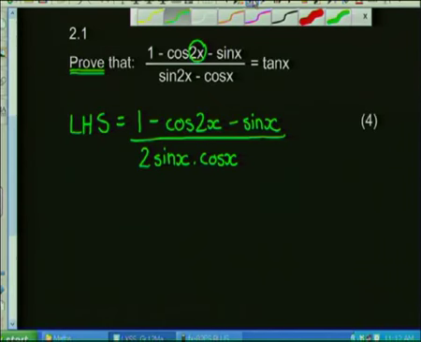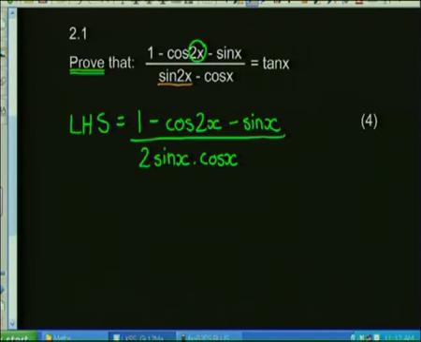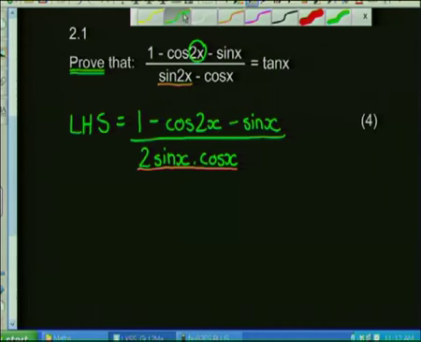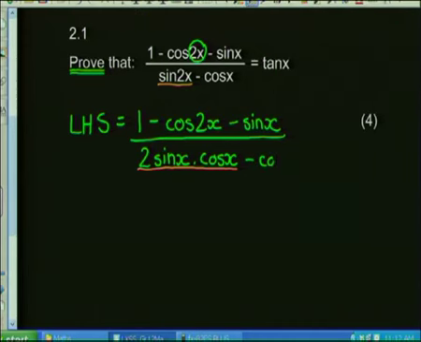And just to help you here, if you do not see what I'm doing, the sine 2x, I've rewritten it with its equivalent value there. Okay, and we continue with writing minus cos x.